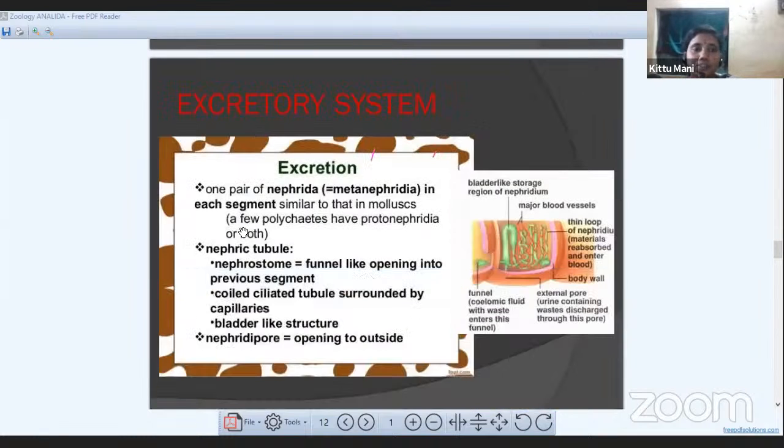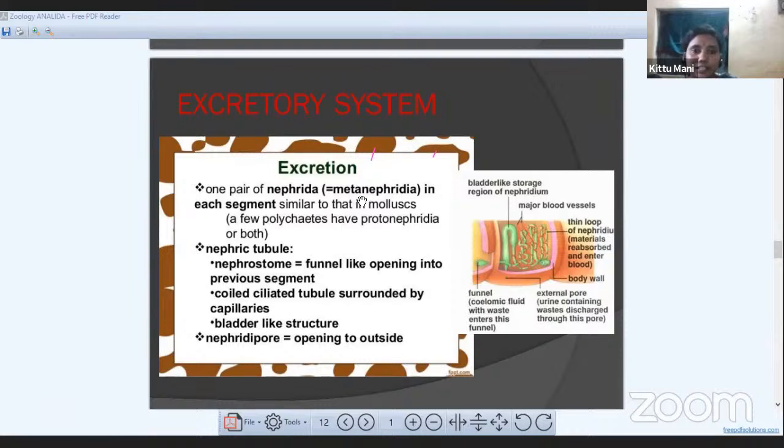Next, we will enter into the excretory system of the annelida. What is that? Excretory system of annelida. Here, for excretion, one pair of nephridia is present. What is the major organ designed for excretion in annelids? Nephridia.